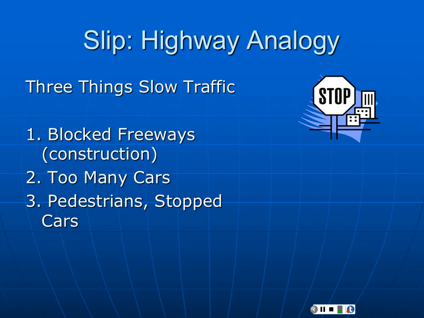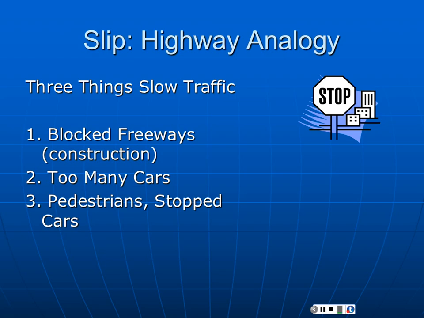So if you take that analogy, you think about what messes up traffic on a highway, you've got 3 major categories of things. The freeway can be blocked because of construction, can be cut entirely. You could have way too many cars. That happens at rush hour. Even though there's nothing broken down or not even anybody going slow, the presence of a lot of cars will shift slow traffic. And then, of course, you can have pedestrians, stopped cars, breakdowns, accidents, whatever, that also slow traffic.